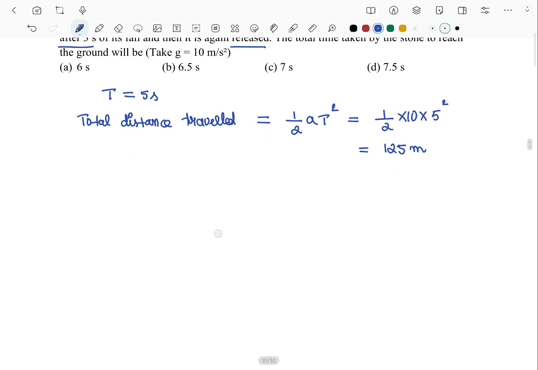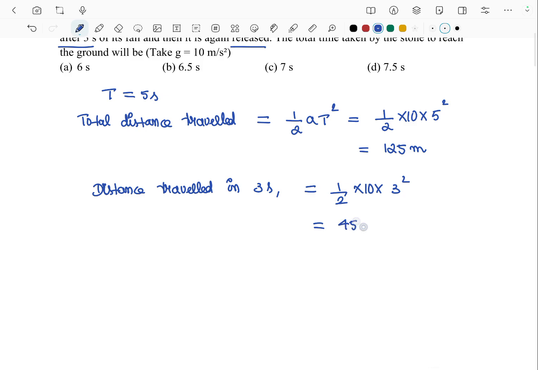Now, the distance traveled in 3 seconds will be half into 10 into 3 square. 3 square is 9, 9 fives are 45, so that is 45 meter.